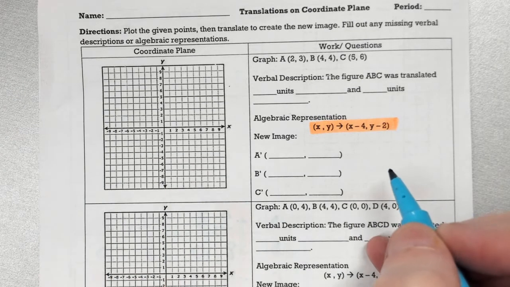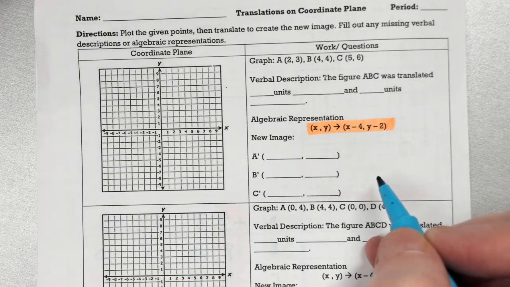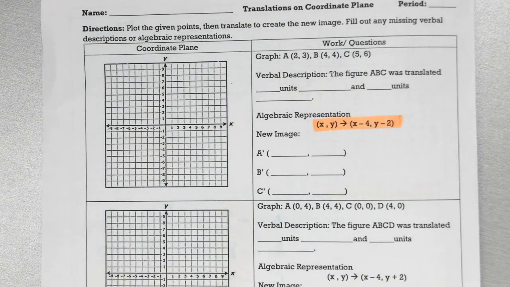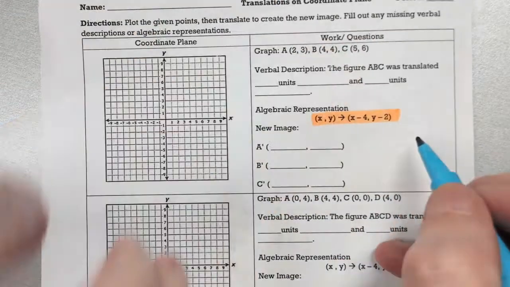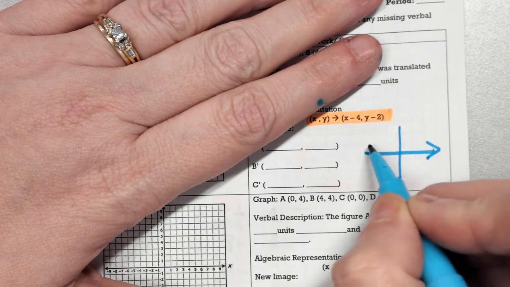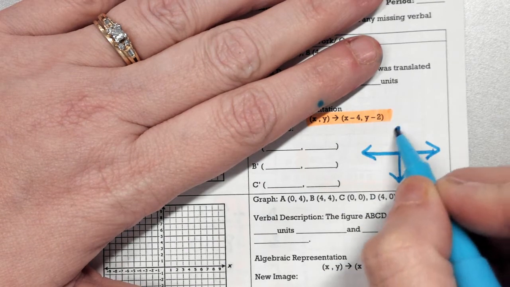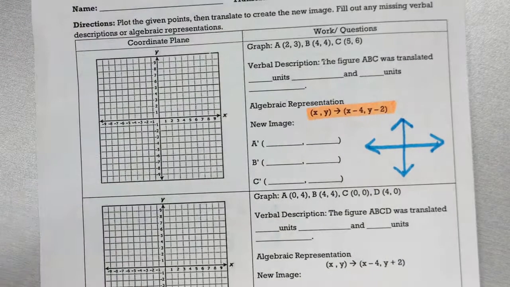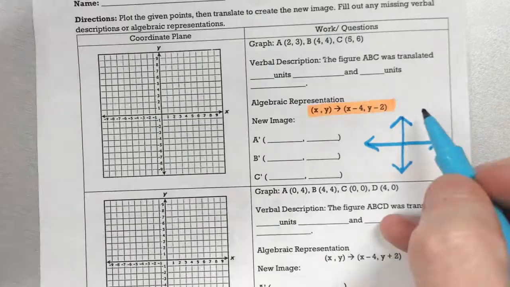So this is the tool that we're going to use. When you see a problem like this, the first thing that you are always going to do, always, always, always, is draw this guy right here. It's kind of like an exaggerated coordinate grid. What's important is the arrows. And then we're going to label it.